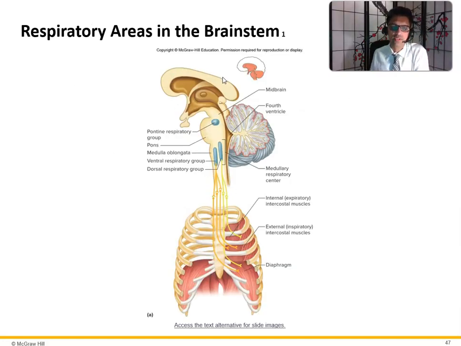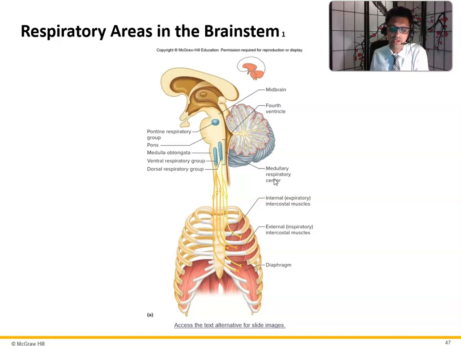Okay, so here it is. If you look at the corpus callosum, here are the ventricles, the third ventricle, the thalamus, cerebral aqueduct, fourth ventricle, cerebellum, the pons, and the medulla oblongata. It has a ventral respiratory group and a dorsal respiratory group.